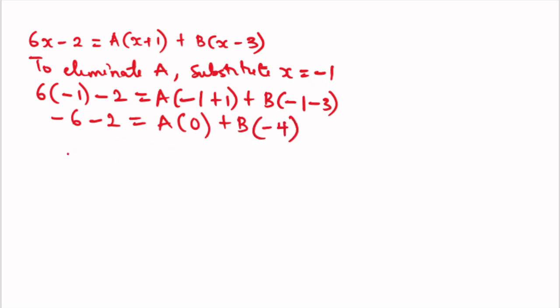Minus 6 minus 2 gives us minus 8 equal to a times 0 is 0, plus minus 4 times b gives us minus 4b.